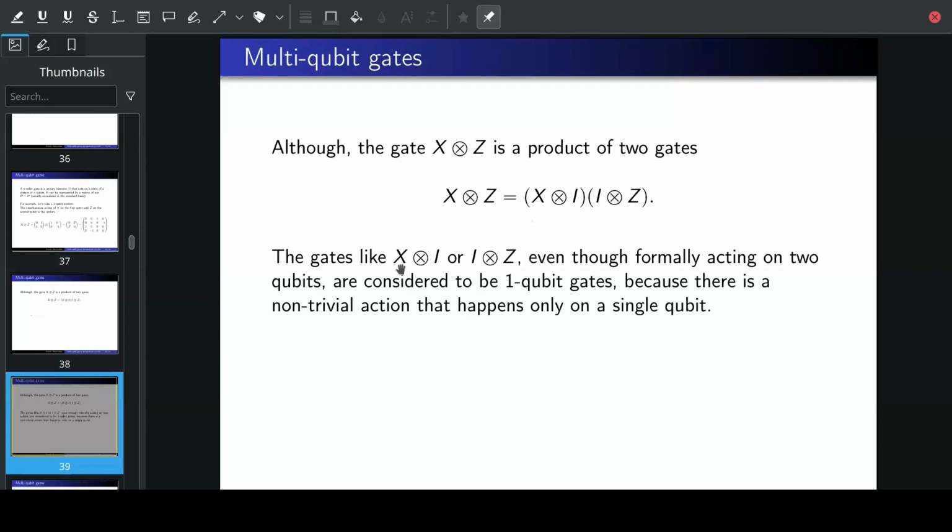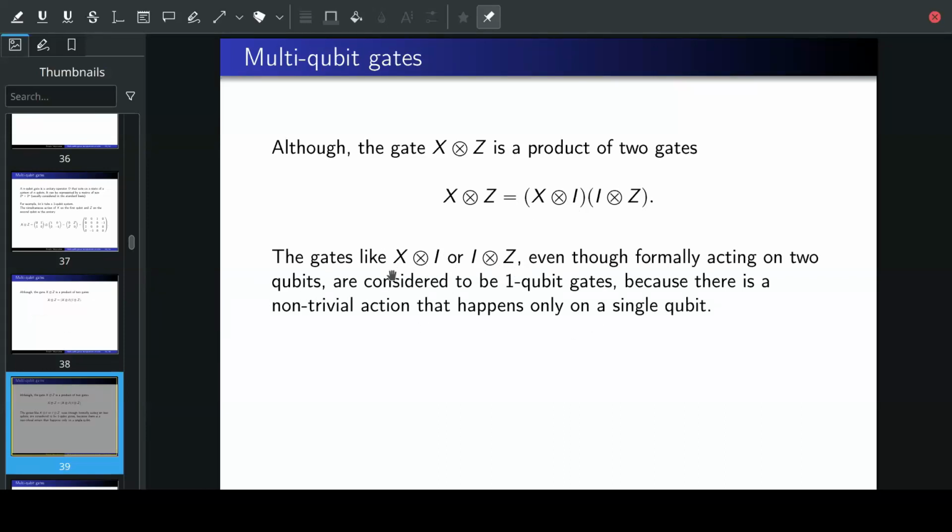Now, gates like X tensor I or I tensor Z, even though they formally act on 2 qubits, are considered to be single-qubit gates because no action actually happens on the other qubit. Something happens only on a single qubit.